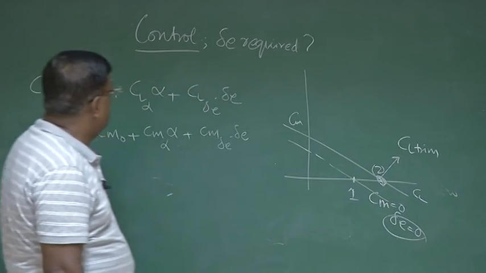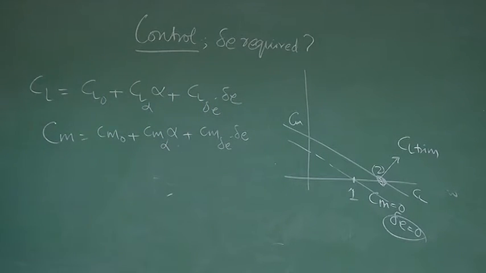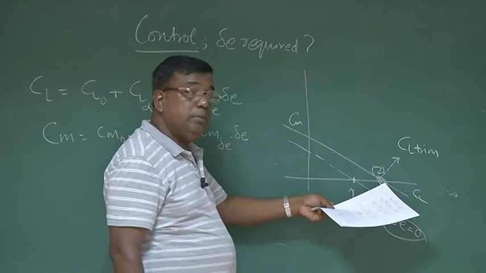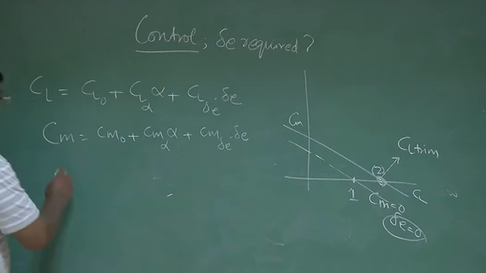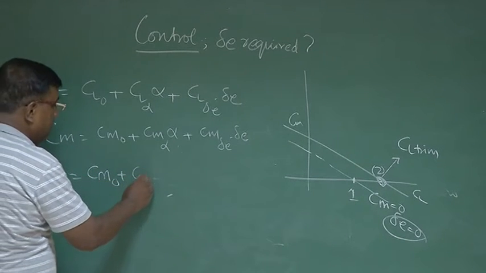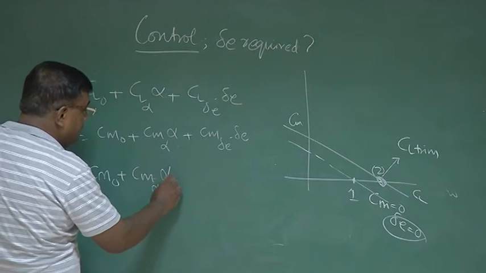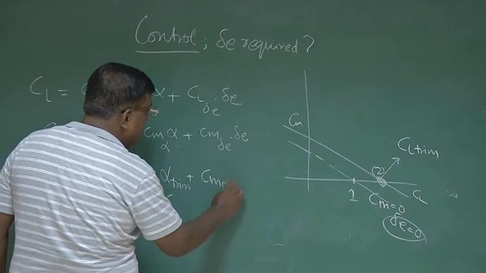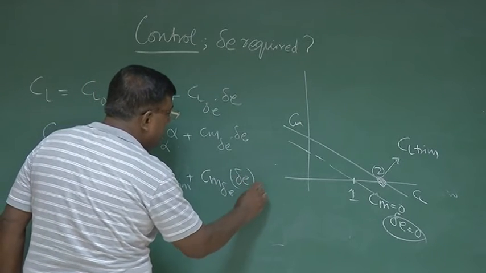Okay. So since I know second point or first point, it has to be in trim, that is Cm has to be 0. So I write 0 is equal to Cm naught plus Cm alpha into alpha trim plus Cm delta E into delta E required.